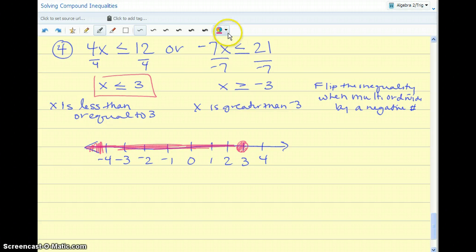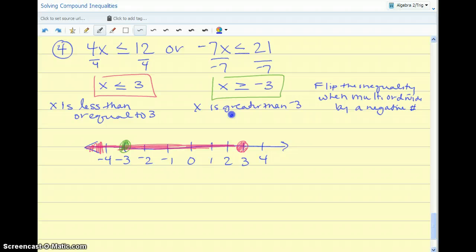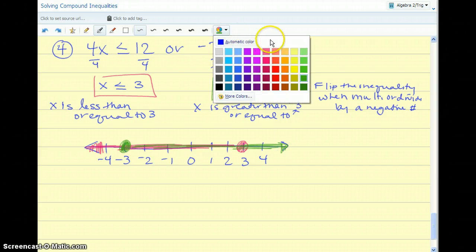That's why we shade in the arrow. If I graph the other one, x is greater than or equal to negative 3, that means it's filled in, and I'm going to graph this way.